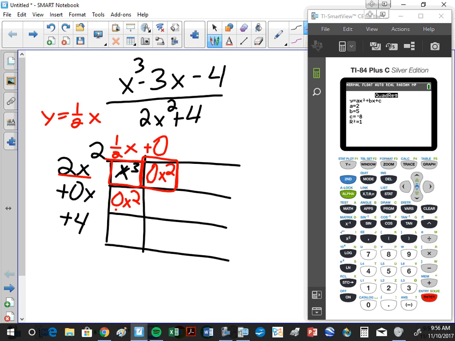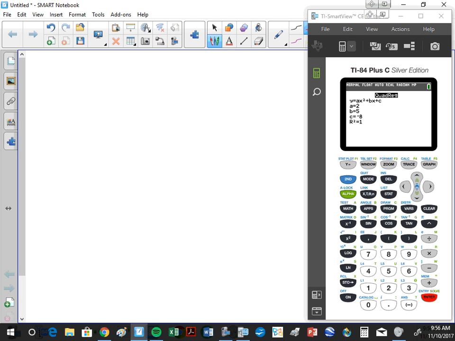Okay. So look at page 322. We are going to do 322A, problems 17 through 28 all. In the first set, you are just going to find the slant asymptote. So all you have to do is divide.